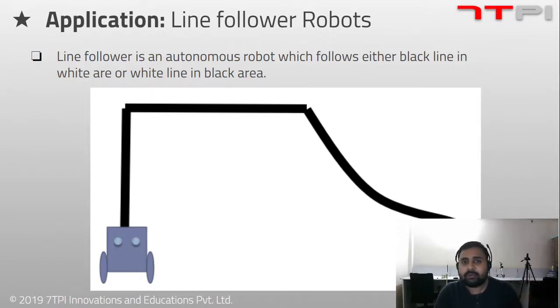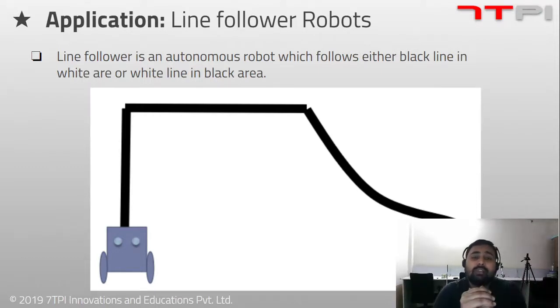It is already programmed, so whenever it detects a particular color, let's say in our case black or white, it will take the necessary turn or action. But if we don't provide that particular line or color, it will not be able to take those actions at that moment, right? So this is an example of a semi-autonomous robot.